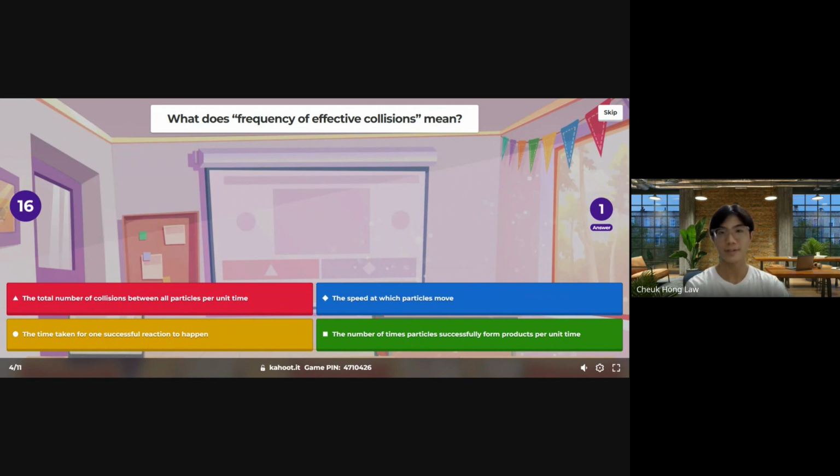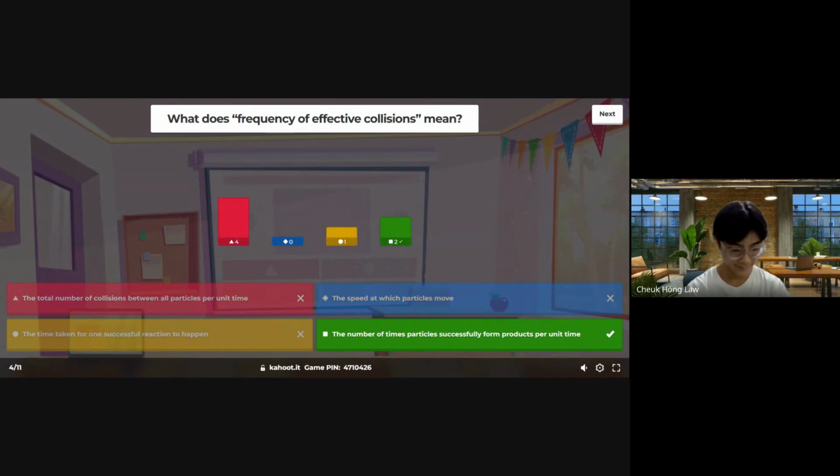What does frequency of effective collisions mean? Okay, so for those of you who put the total number of collisions between all particles per unit time, that one is only collisions in general. That means collisions in general include effective collisions and also ineffective collisions.